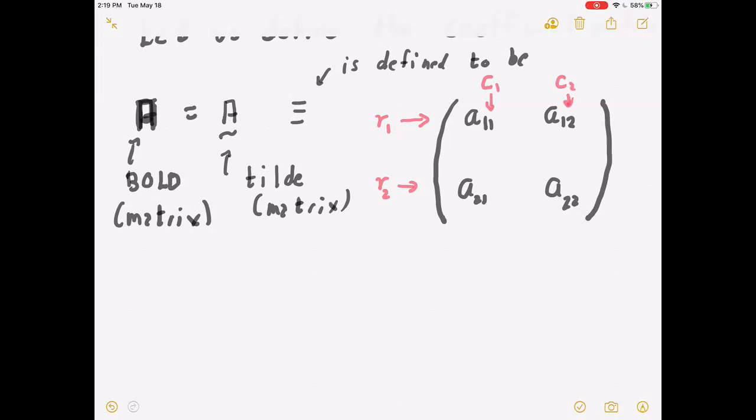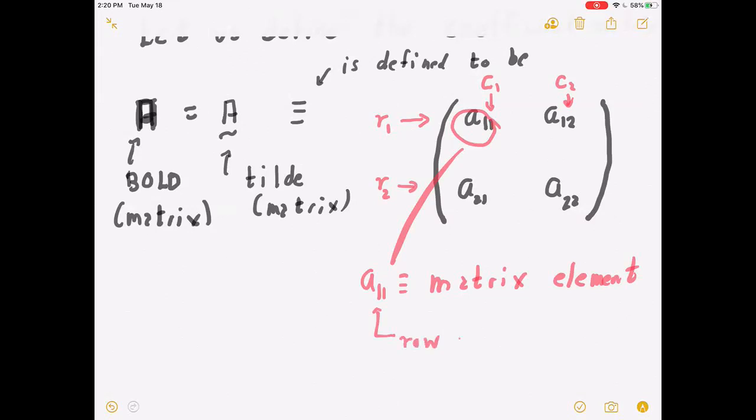So if we look at this guy here, that is something which we will call a matrix element. It's an element of the matrix. And the 1,1 subscript tells the audience where this thing lies. The first one is the row index that tells you what row the matrix element lies in.